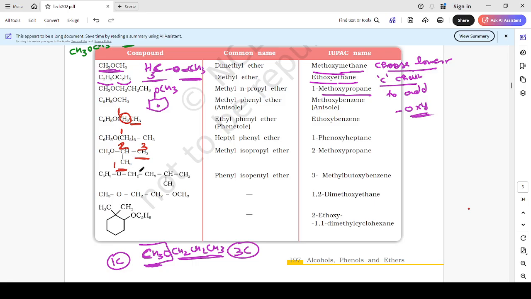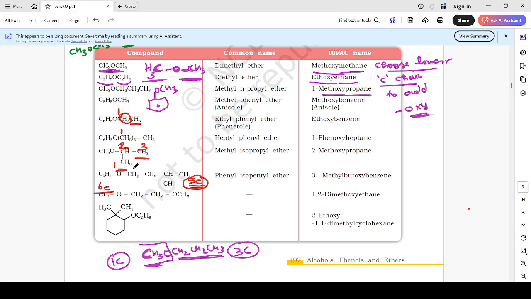Next one. 6 carbons here. And how many carbons here? 5 carbons here, right? So in that case, what will you do? You will give the numbering to the lesser number of carbons to add oxy, right? So this carbon is only having less number, so oxy should be added here.